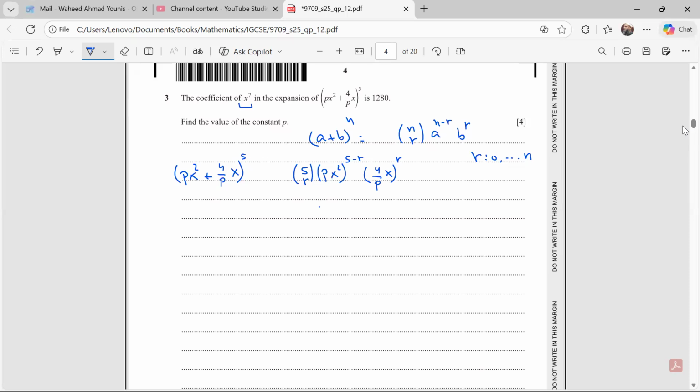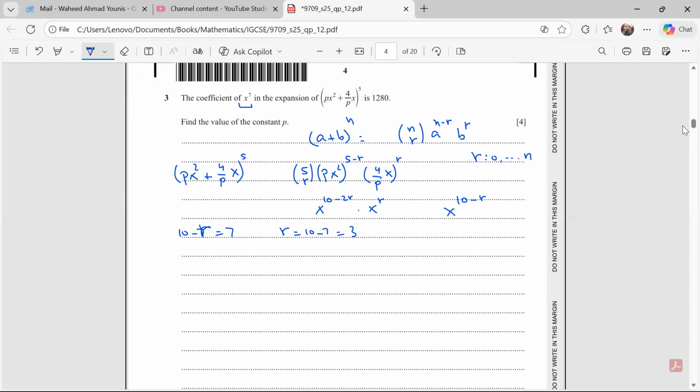So I will have x power 10 minus 2r from here, and from here I will have x power r. So this will become x power 10 minus r. And you can see this 10 minus r has to be 7. It means r has to be 10 minus 7, so it should be 3.